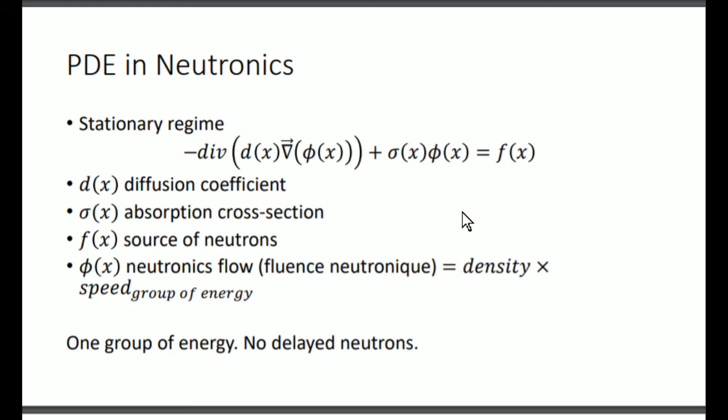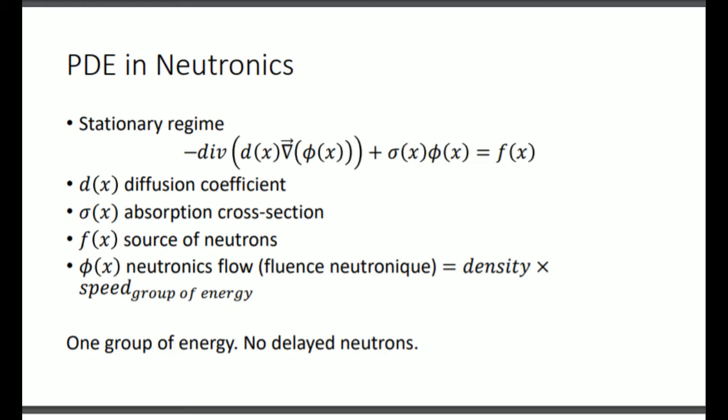So in neutronics we consider a variable called cross section, which is the equivalent of a probability. It represents the probability that the neutron will be absorbed. So here is the regular flow of the neutron, the probability that it will be absorbed, and a source term if you have a radionuclide emitting some neutrons.